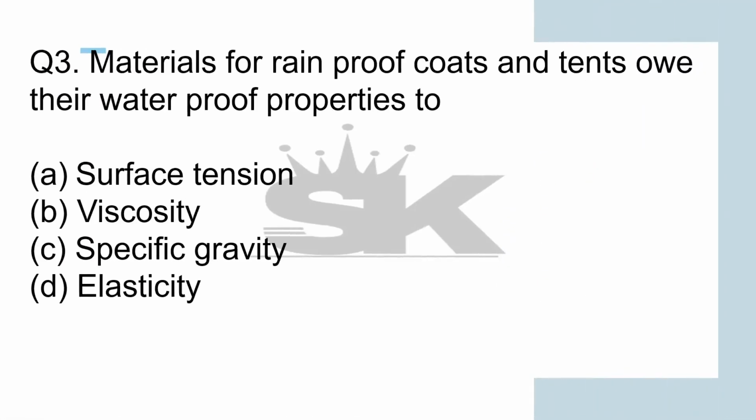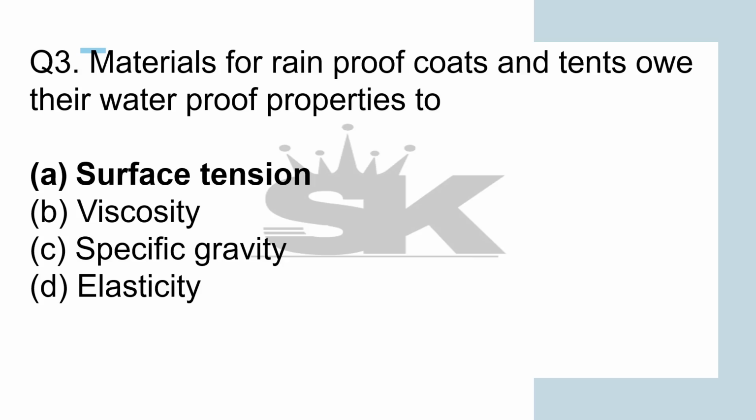Materials for rainproof coats and tents owe their waterproof property to, answer is, surface tension. Okay. Materials used to make raincoats have high surface tension because, due to surface tension, water droplets do not stick to the material, right?